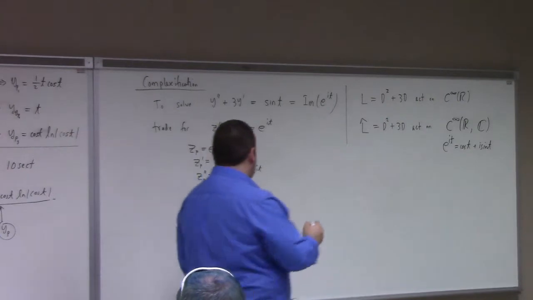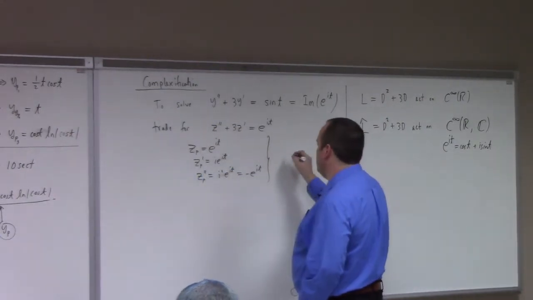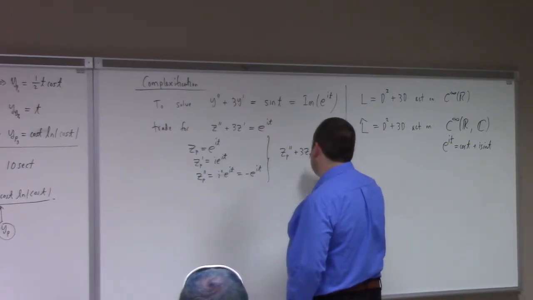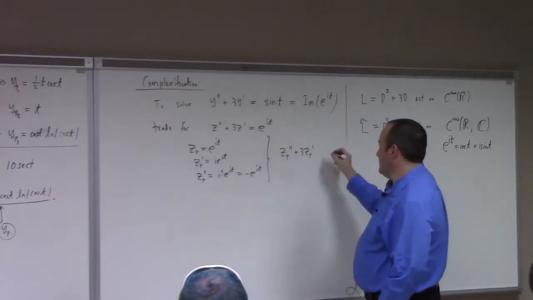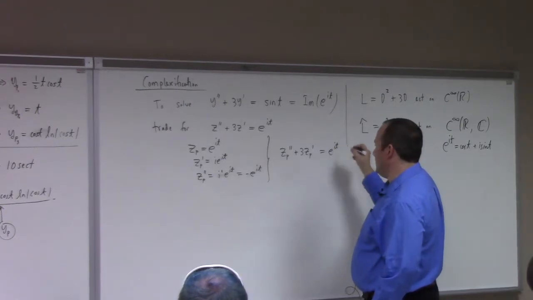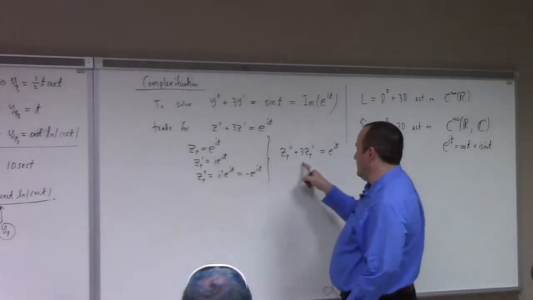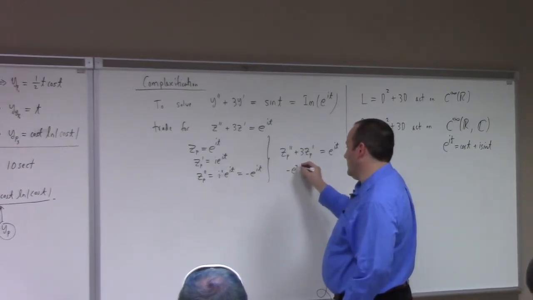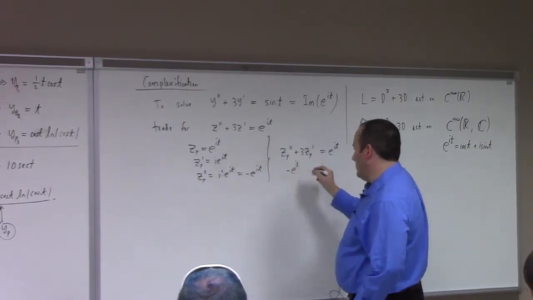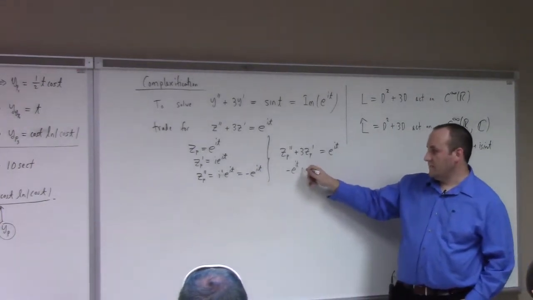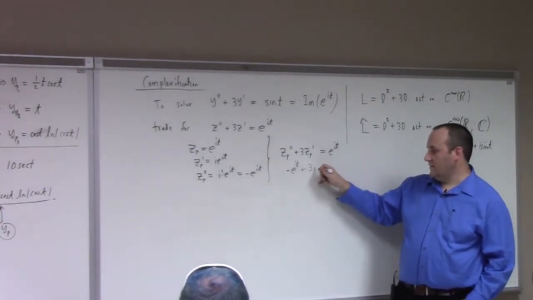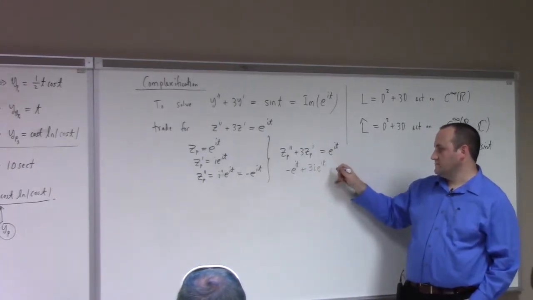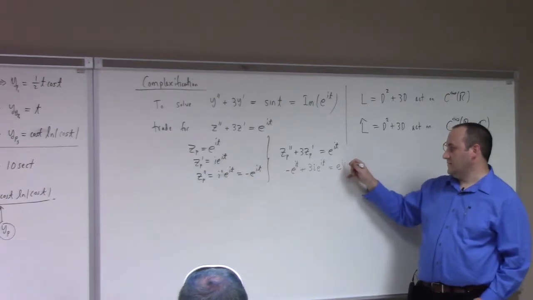So this makes the calculation very easy because I've got z_p'' + 3z_p', that's supposed to be equal to e^(it). And that actually is minus e^(it) plus 3i e^(it) equal to e^(it).